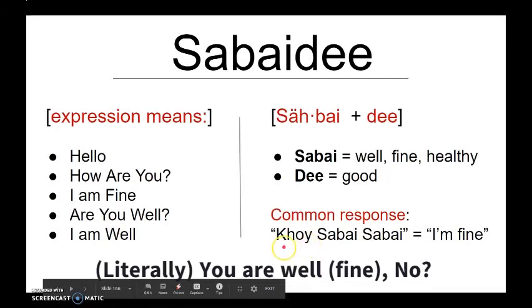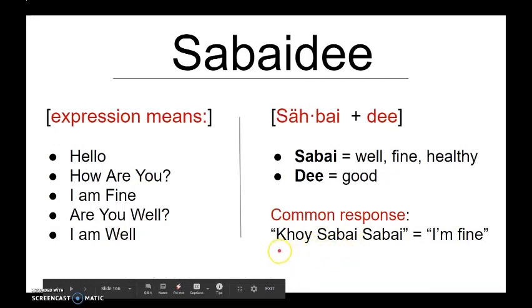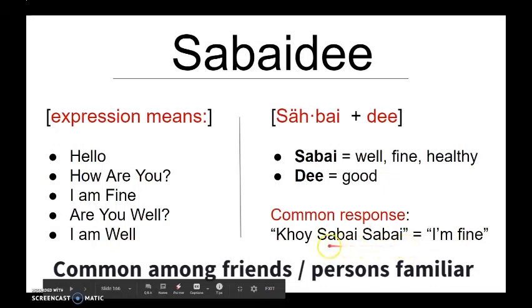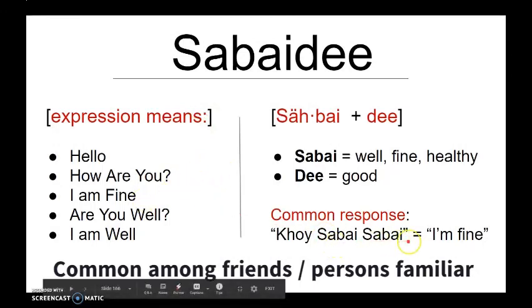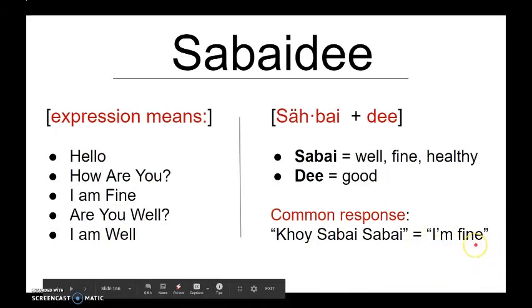And if you say Koi Sabai or Sabai, you're saying I'm fine. Okay? And what was mentioned to me was that this is very common, Sabai. So you don't necessarily have to say Sabaidee for I am fine. You can say Sabai, and you're still saying I'm fine.